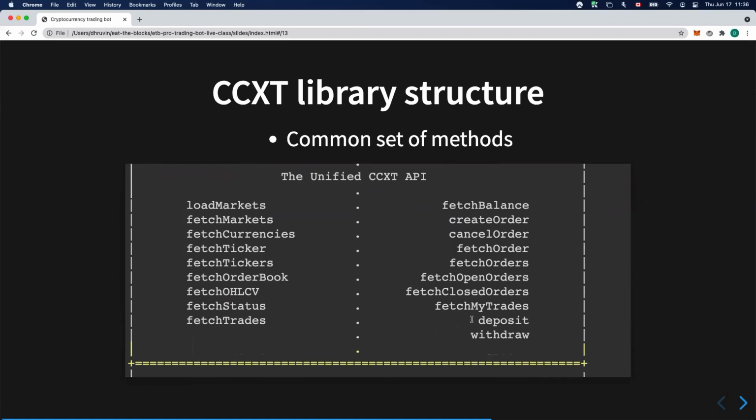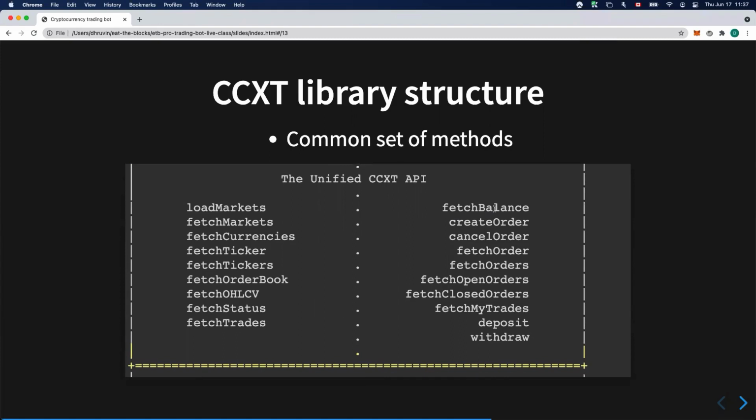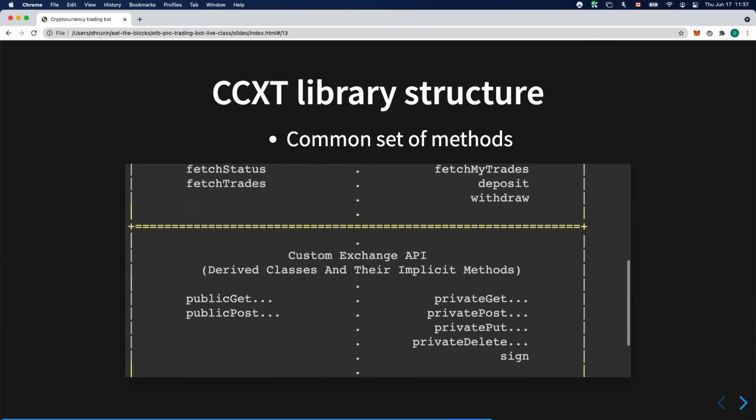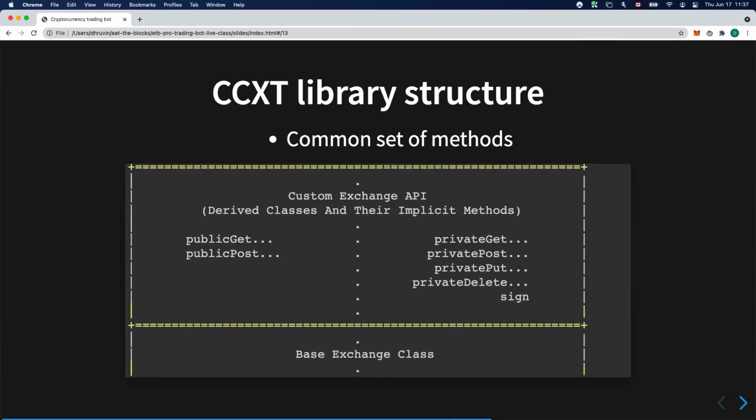Private functions are for when you want to deposit or withdraw currency, create an order, cancel an order, or execute an order. All of these are under the private category of CCXT, and they do require an API key because that's a security issue as well. Some public and private functions may not be supported by some exchanges, but most are supported across all of them.